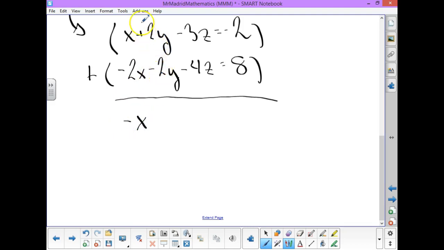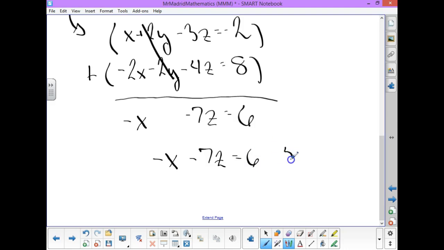Cool, it cancels. And down here, negative 7z equals 6. Okay. So let me put them together. Negative x minus 7z equals 6. So this guy's nice and small. We're going to call him 5.